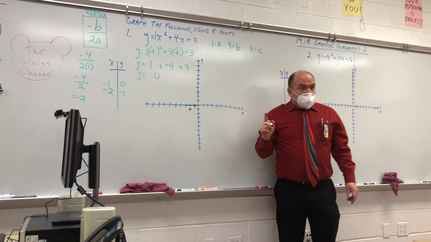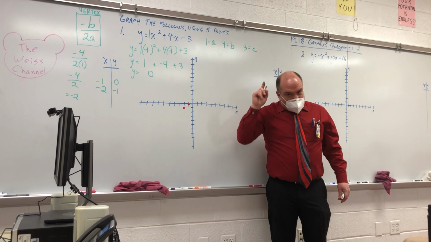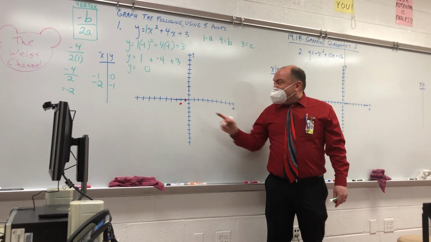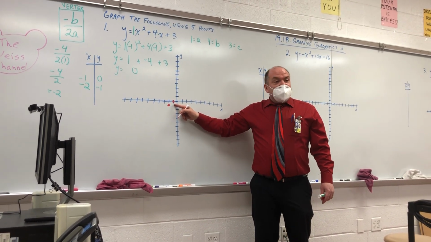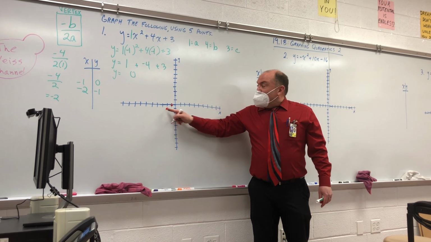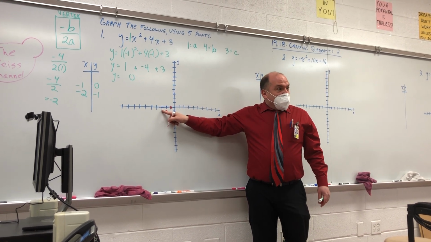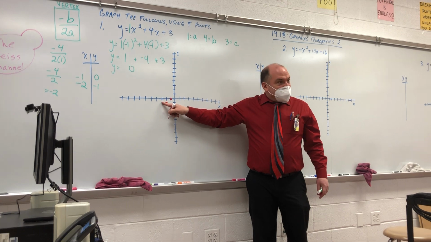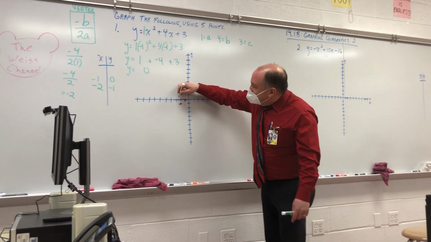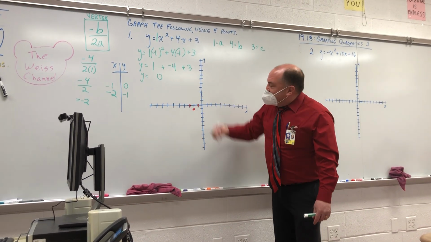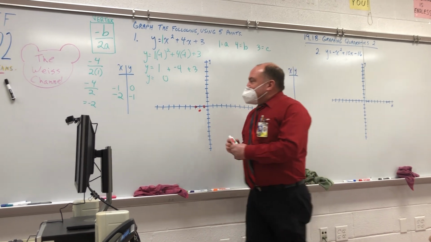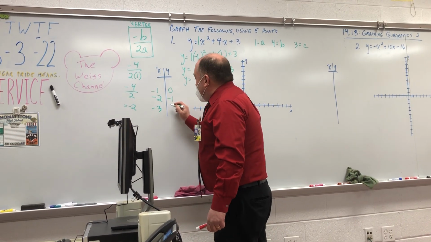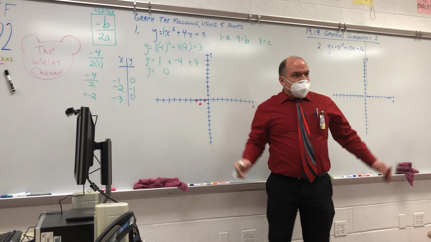Now, what I talked about yesterday and what I want you to do today is, if negative 1 is 0, what's negative 3 going to be? I promise, 0, right? So you're going to go ahead and plot that. Negative 3 will be 0. Guaranteed.